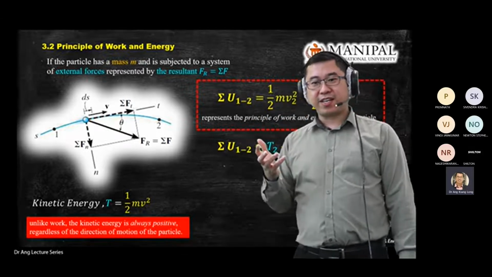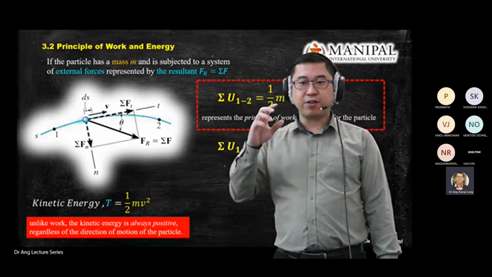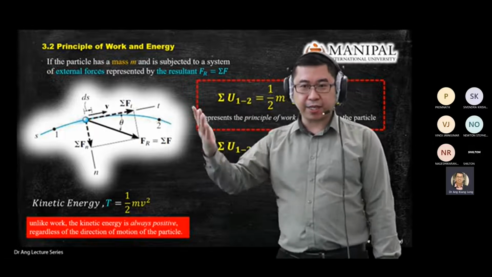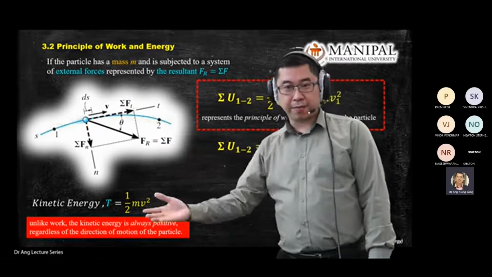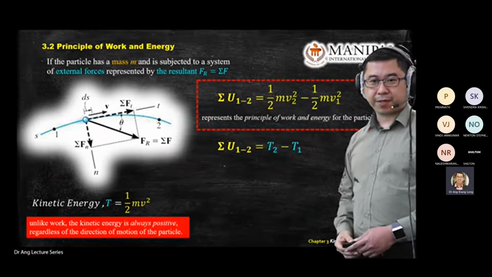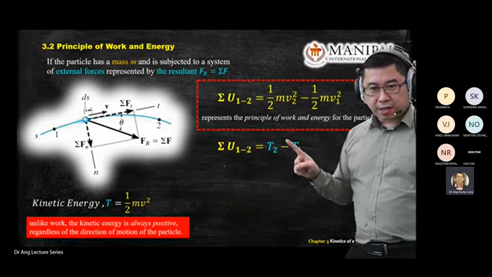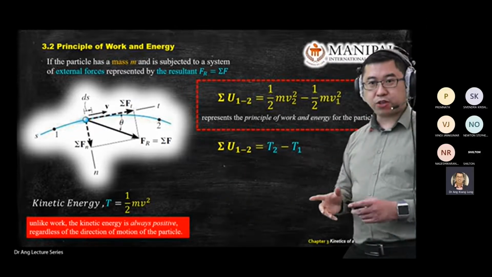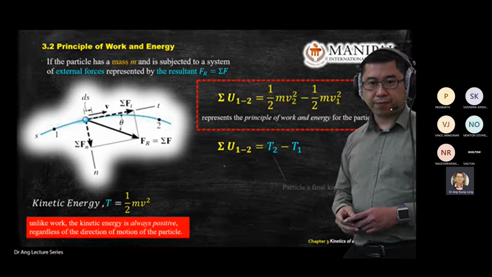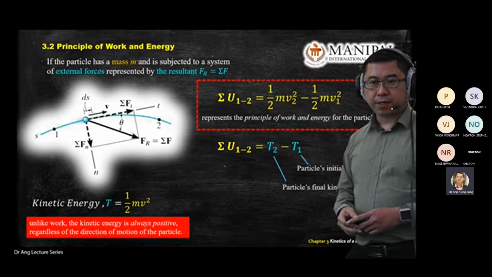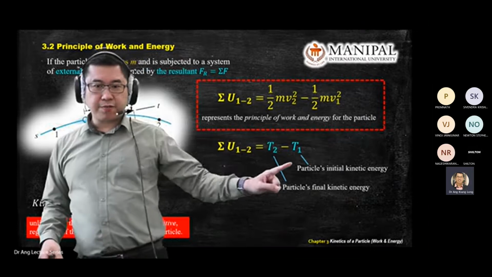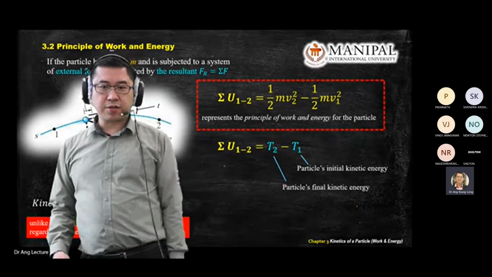It can only change form from one form of energy, for example kinetic, to potential, to mechanical, or to chemical energy, or to thermal energy, and so on. Again, good news: the value for energy is always positive. So this one was already explained just now: final minus the initial.